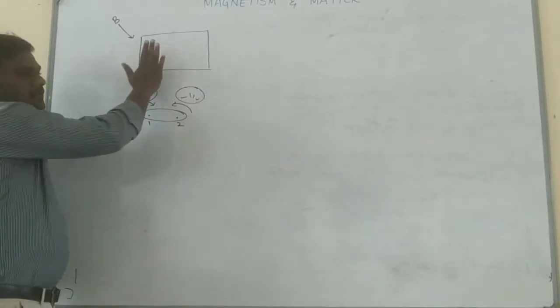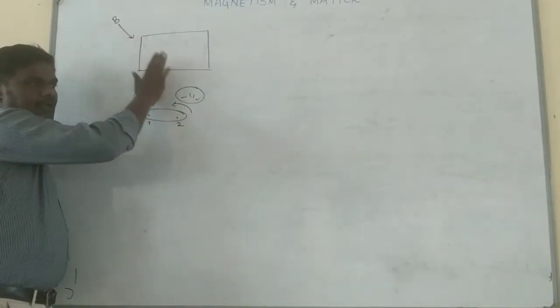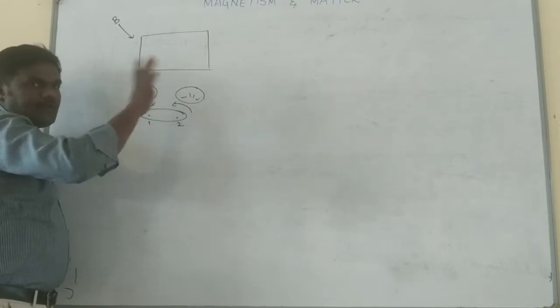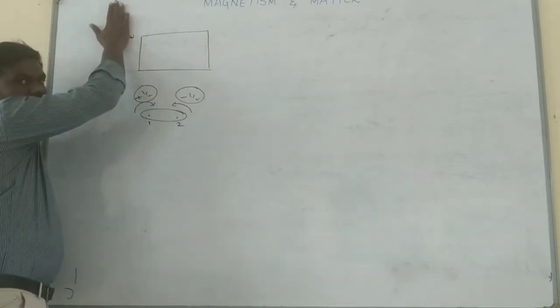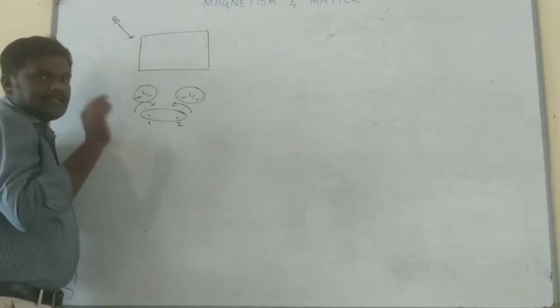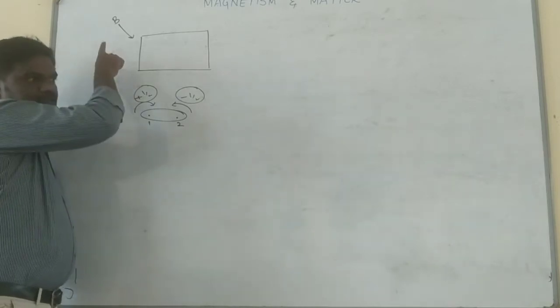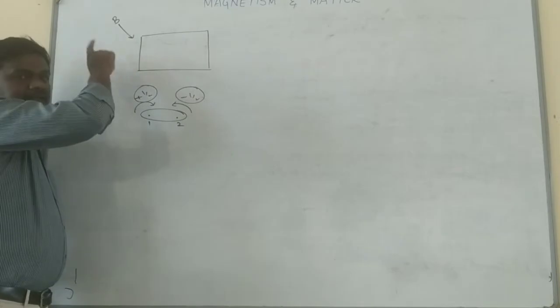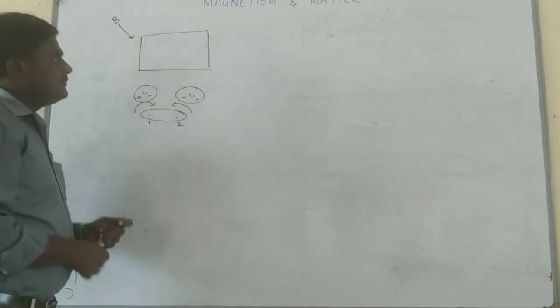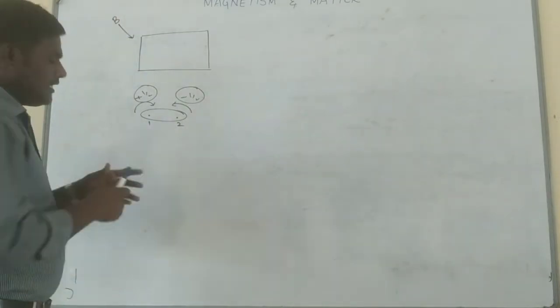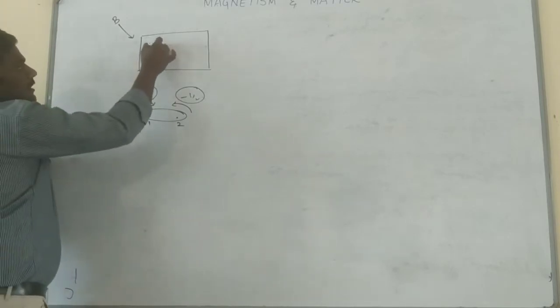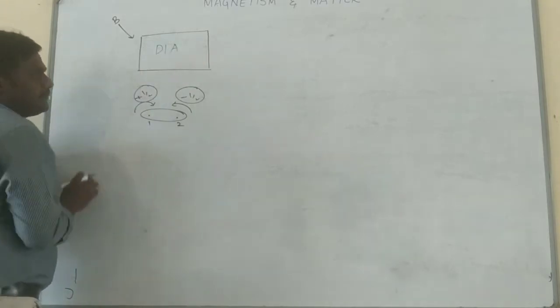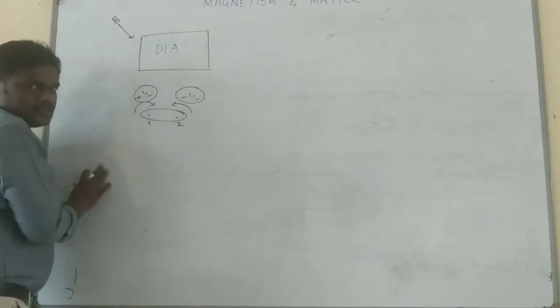So this is the explanation of why diamagnets have zero magnetic moment when there is no field, why they get a small magnetic moment when placed in the field, and why they get repelled in the presence of a magnetic field. So this is the case of diamagnets. The conclusion points are very easy. They have paired electrons.